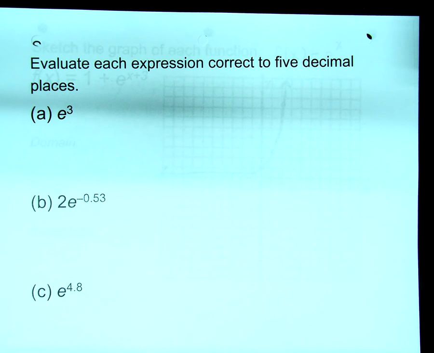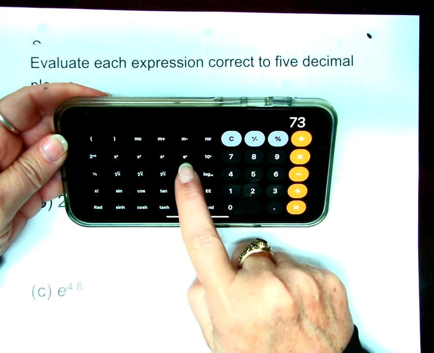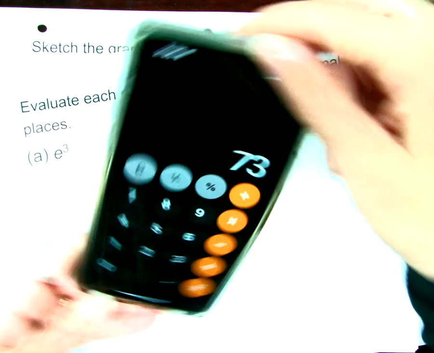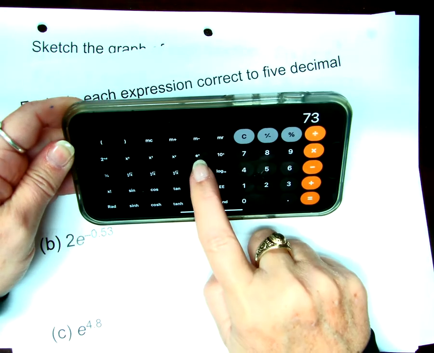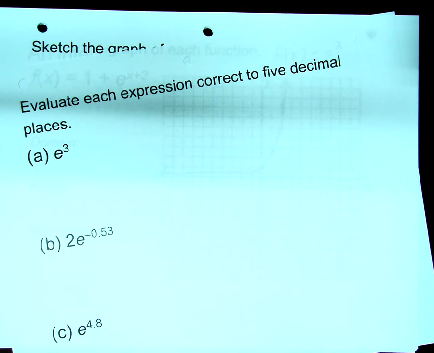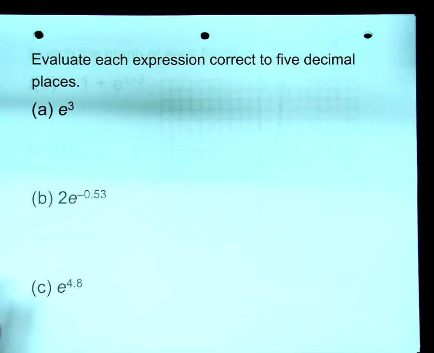Just for the record, there is an e key on our phone too. Remember, we talked about how you can take the calculator on your phone and turn it sideways. There is an e button on your phone calculator if you need it. Of course, not on a test, but if you're working on your homework and you don't have your calculator with you, you have it available on your phone.